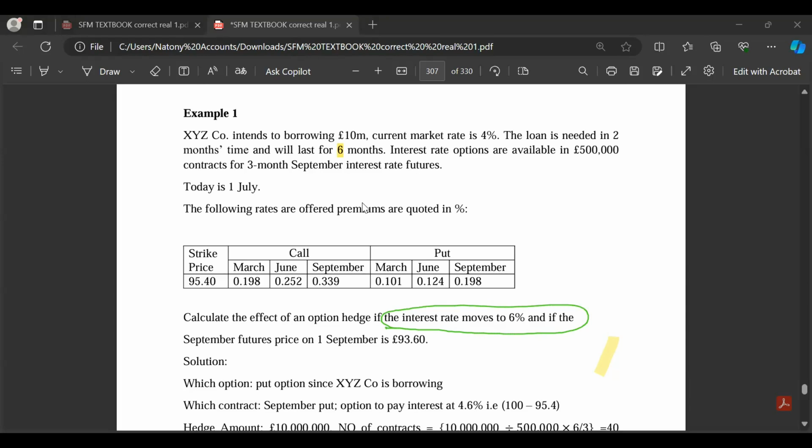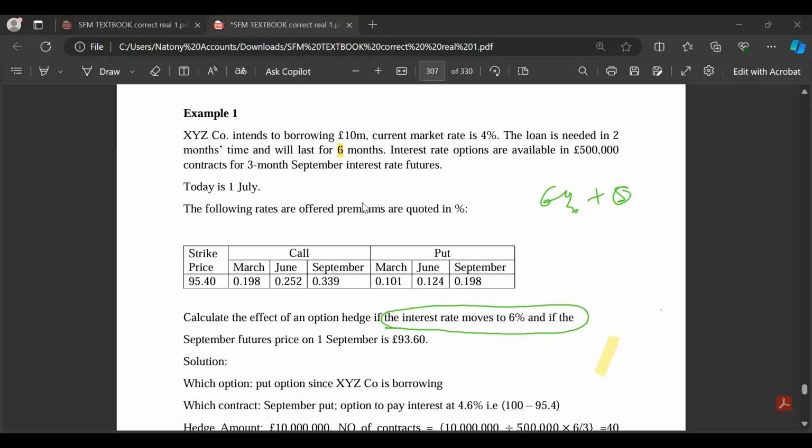So if the company hadn't hedged the transaction, the company would have paid interest at 6% on the closing date. You also want to check the question to see if there is a spread. If there is a spread, it will be plus or minus the spread, but if there is none, plus 0. Let me read through the question one more time. The company intends to borrow 10 million. Current market rate is 4%.